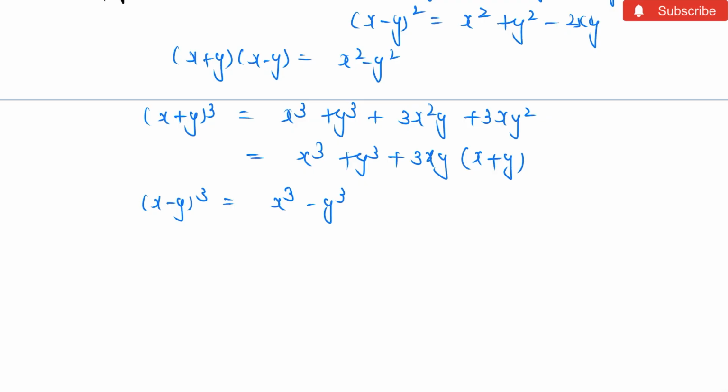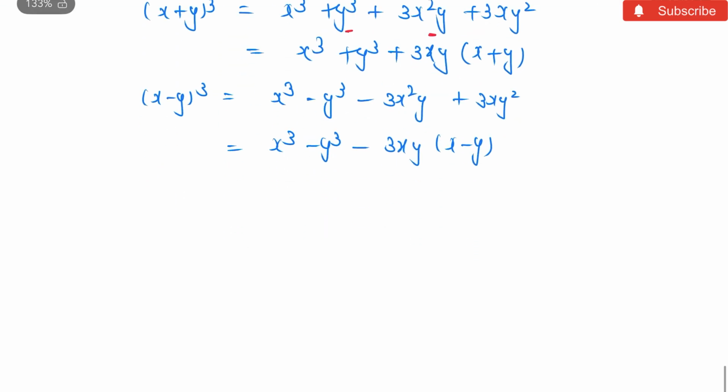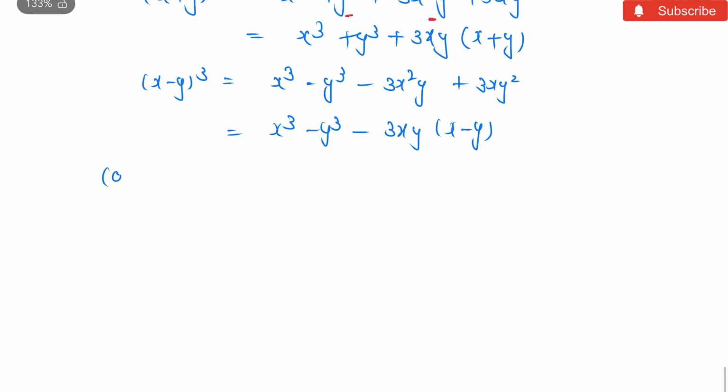In this case the power of y is odd, and in this case also the power of y is odd, so we just have to put a negative sign here. So it is minus 3x square y then plus 3xy square. And in the other form, we can write x cube minus y cube minus 3xy times (x minus y). Then we have (a plus b plus c) square.